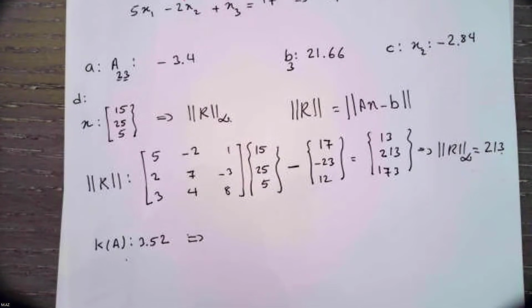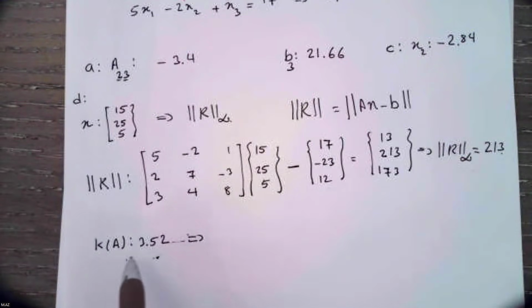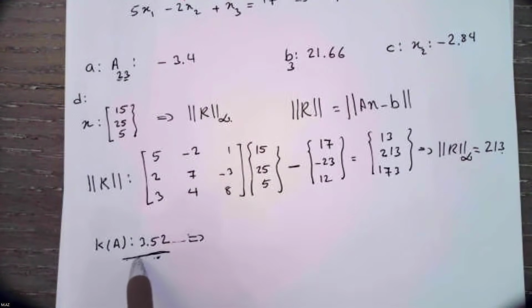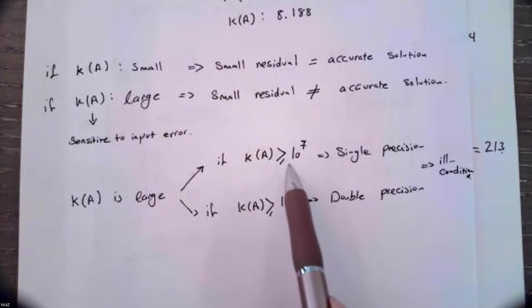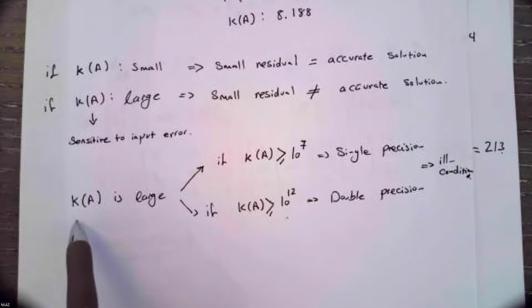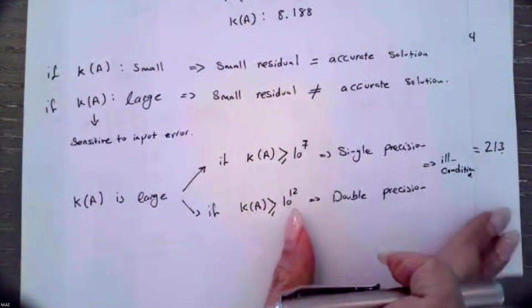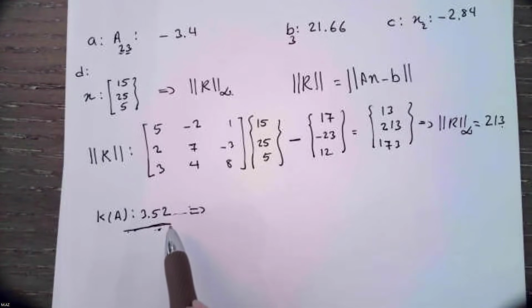The solution is not accurate because the conditioning number is low, but the residual is high. This is correct. The conditioning number is low because, as I mentioned in the review parts, if the conditioning number is larger than this value, we have an ill-conditioned system and the conditioning number is large. But the conditioning number for this problem is given as 3.52.